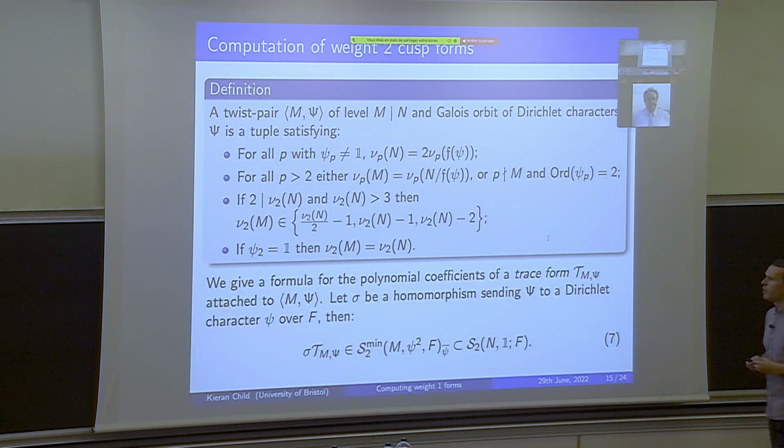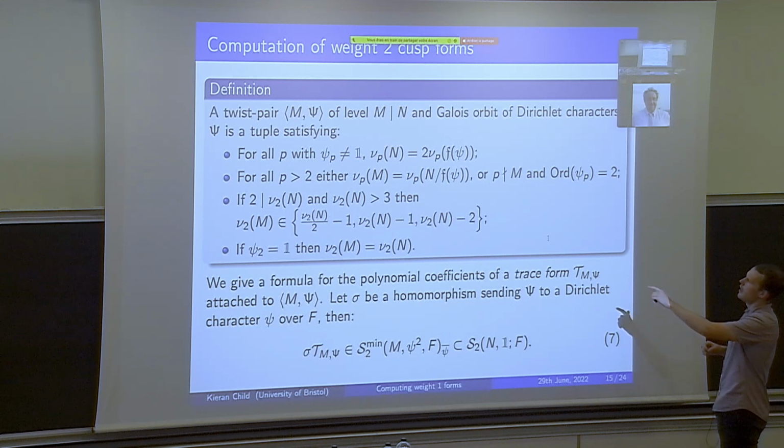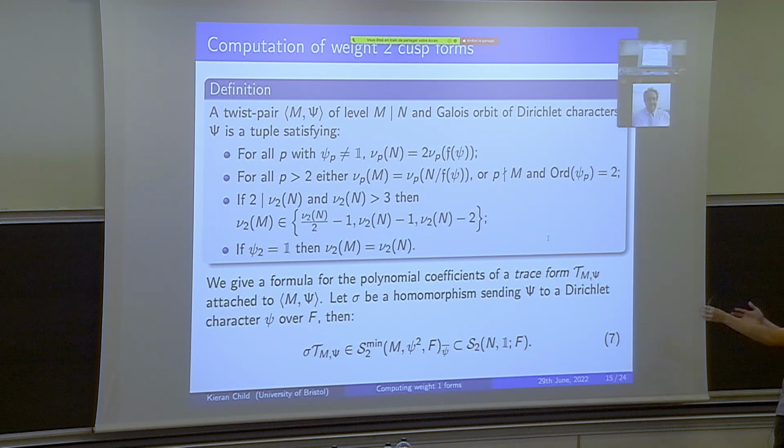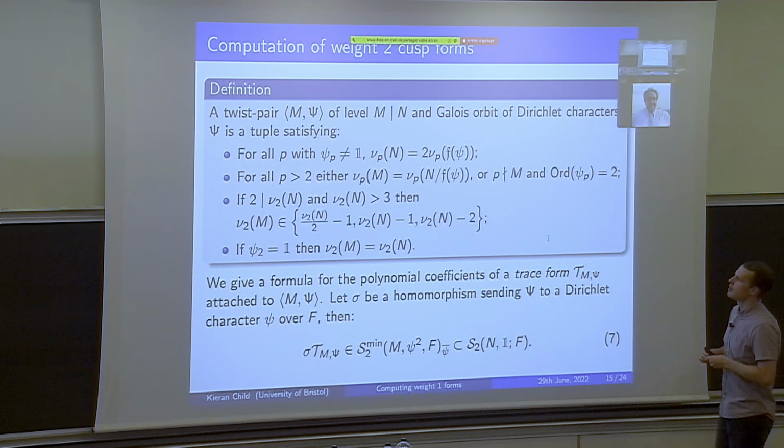And what we find is we give a formula for the polynomial coefficients. In all of the conditions, the lowercase psi is any element in the orbit of our capital psi.